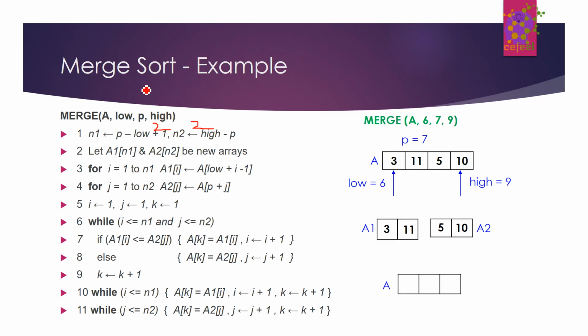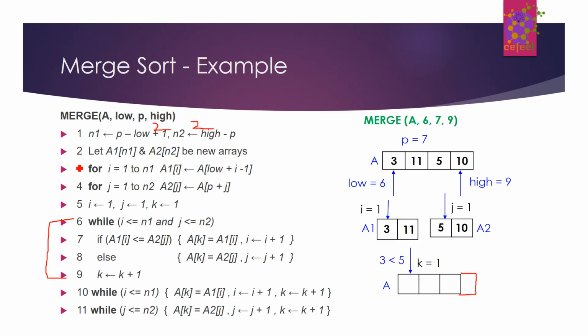Then we have our original array A, and there is a problem here. This should be of size 4 because we originally have 4 elements up here. The first set of steps is to compare the head of each of these arrays, which means I, J and K, and keep copying the smaller elements and moving the pointers.